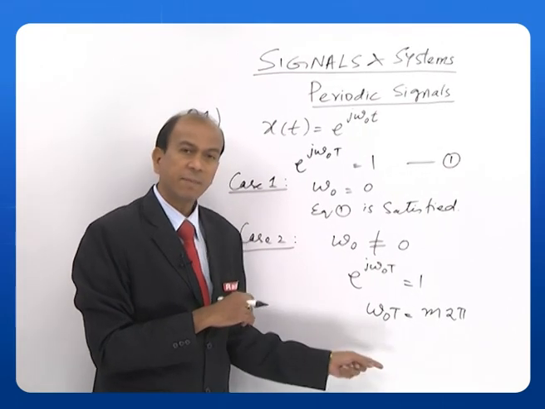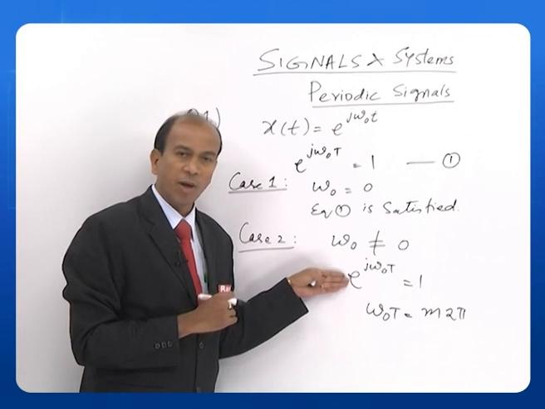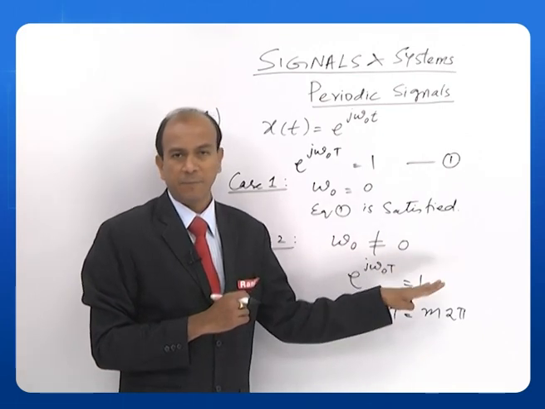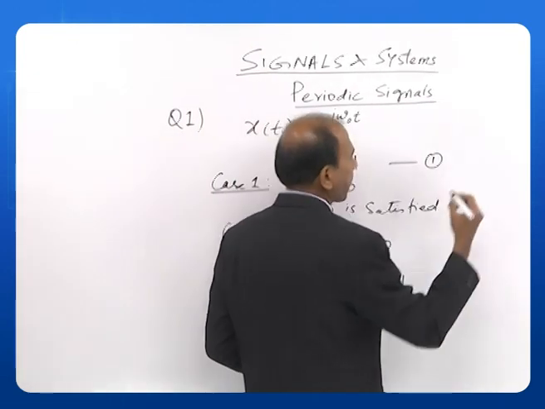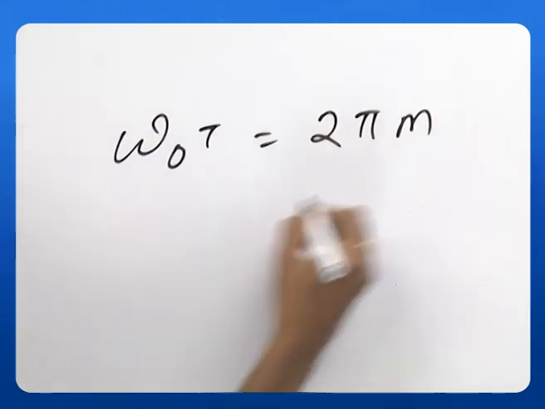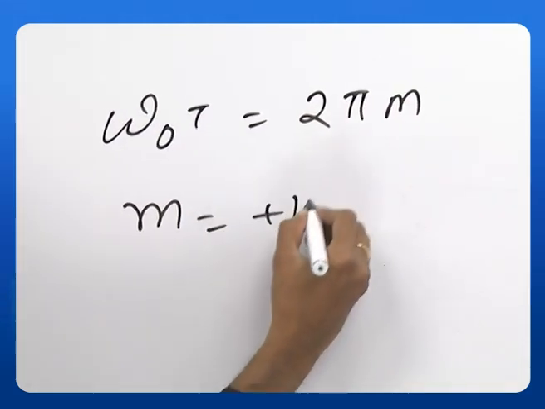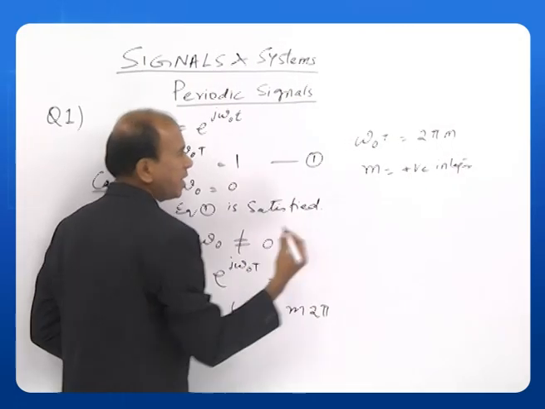That means, omega naught t must be equal to m into 2 pi, then only e to the power of j omega naught t will become 1. Okay. So, now from this, what is omega naught t? Omega naught t is equal to 2 pi m, we said, where m is a positive integer. So, what is t here from this?